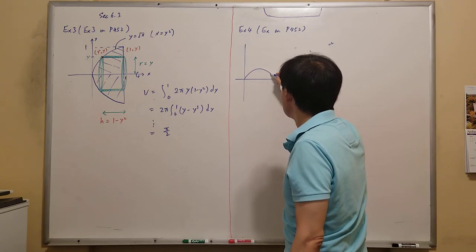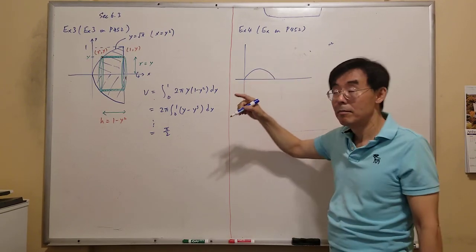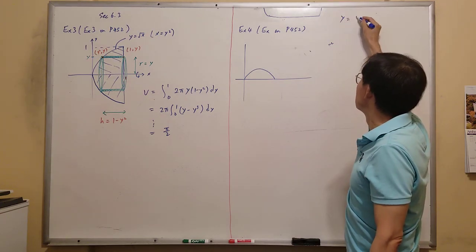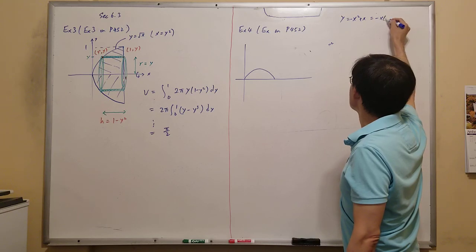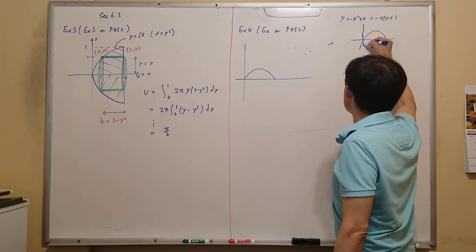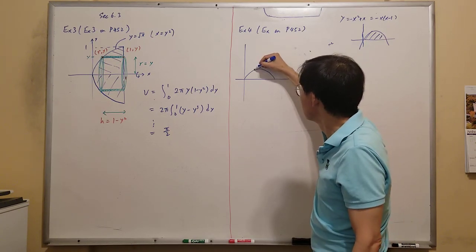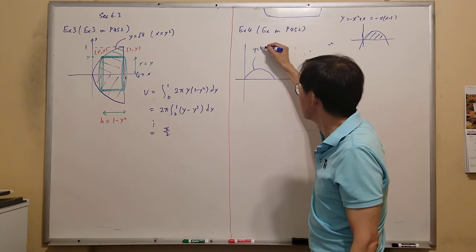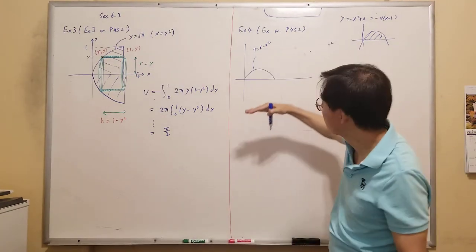So this is y equals minus x squared plus x, going through 0 and 1, right? We're going to rotate this one, 0 to 1. So this is y equals x minus x squared, and y equals 0.